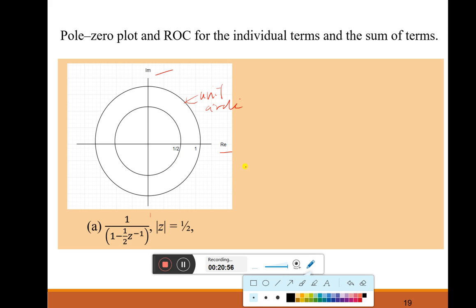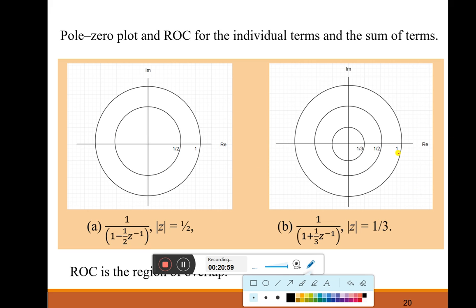Now the next one, kita pada term yang seterusnya, iaitu term yang kedua ni, and on the same plane tadi ni, kita ada pole yang ini. Now kita lukis the second pole, which is 1/3. Now you have this figure. Okay, you have Y axis, X axis, unit circle, and then you have your first pole and second pole.